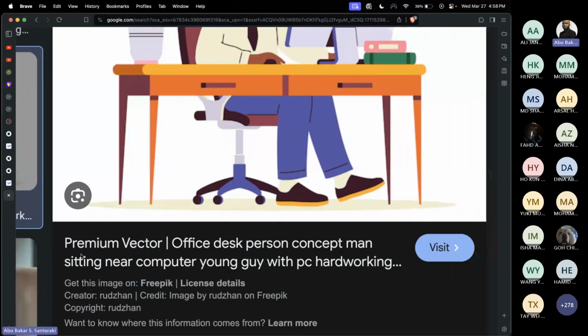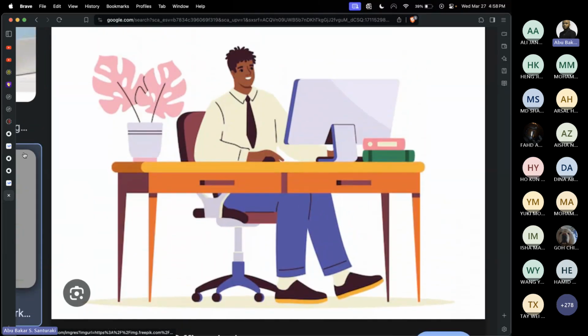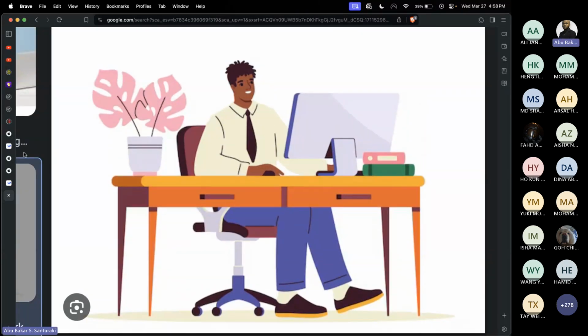So here in this image, we have this gentleman. This is a person sitting in his office working on his desk. The Windows operating system actually uses this analogy. Where do you go to work? You go to the office. So Windows has a set of software applications called Microsoft Office.